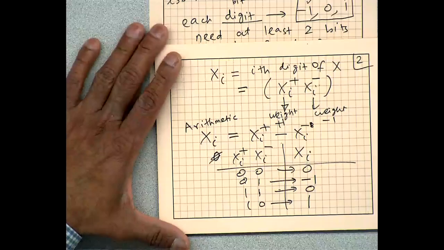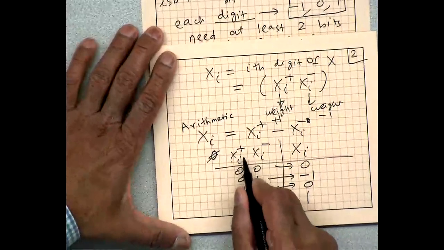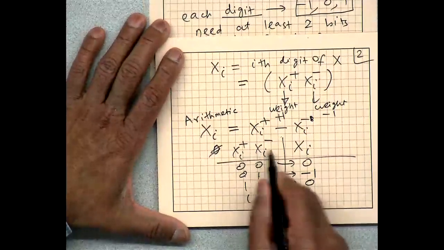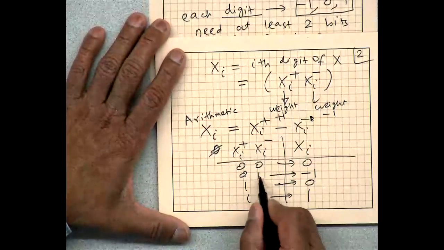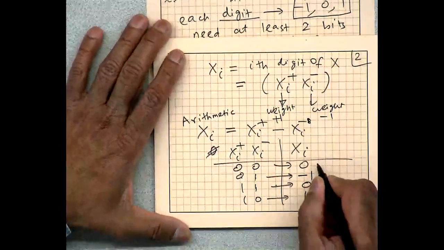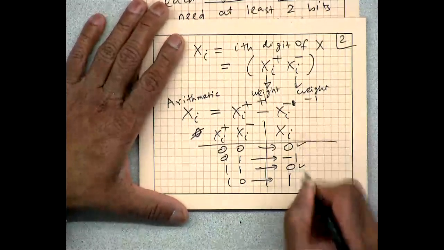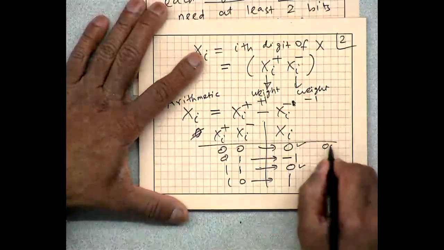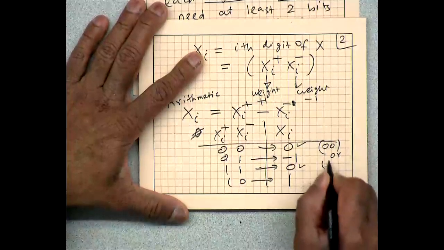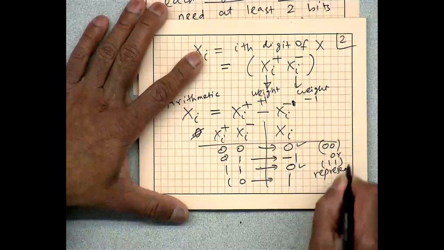So if the digit is minus 1, then the representation of xi plus, xi minus as a pair will be 0, 1. If it is plus 1, that will be 1, 0. Now what you notice here is that the representation of 0 is not unique. So 0, 0 or 1, 1 represent 0.